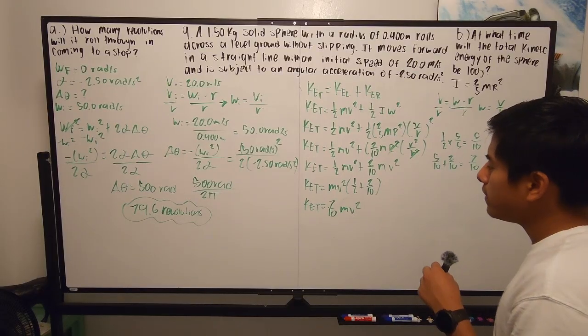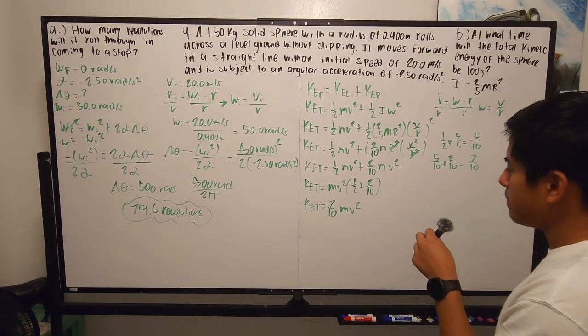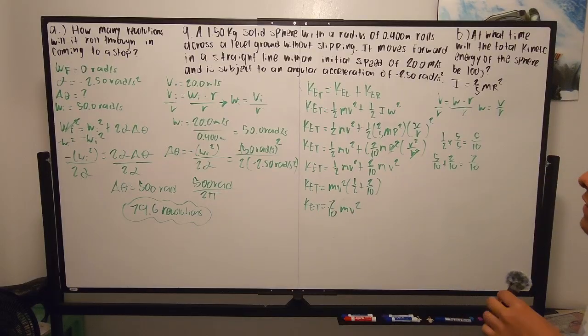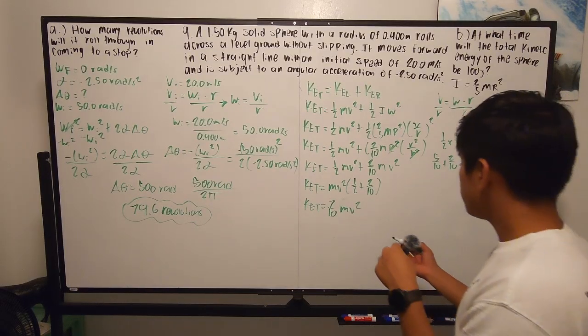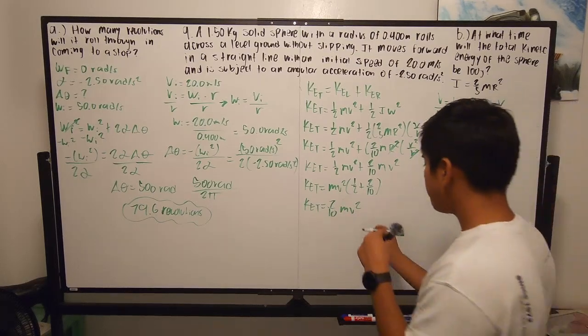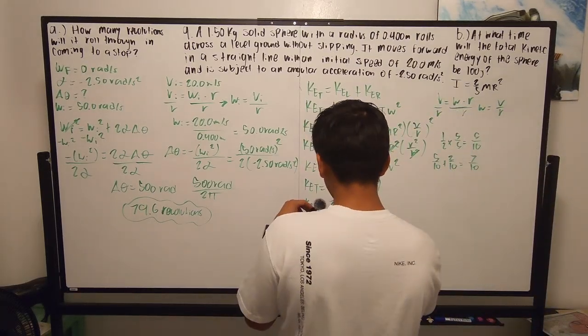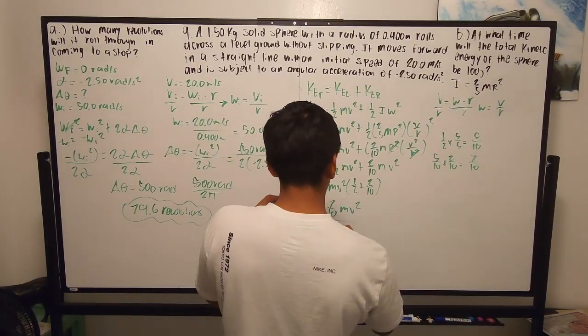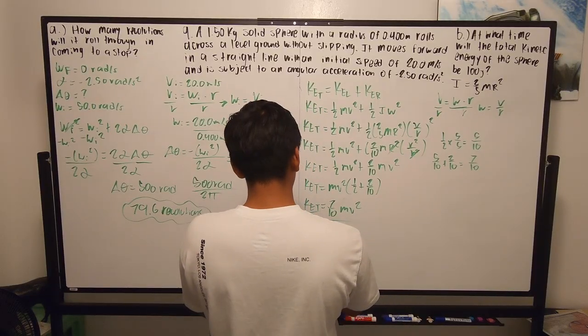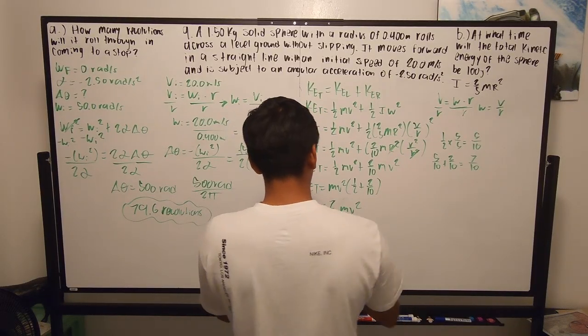And then I'll get the velocity that this needs to be, and then once I find the velocity, I can find the time. So here I'm going to divide by 7/10 multiplied by m. Same thing on this side, 7/10 multiplied by m.